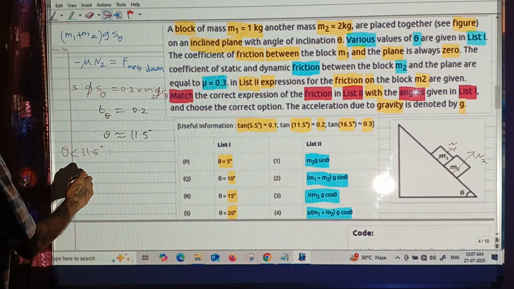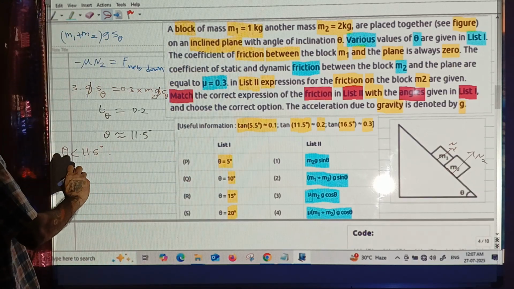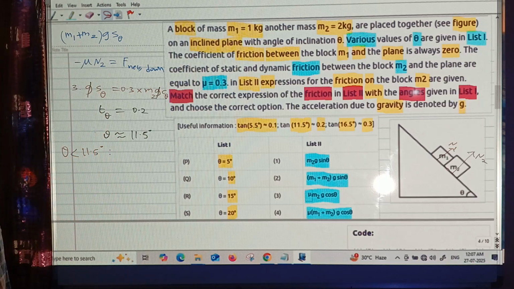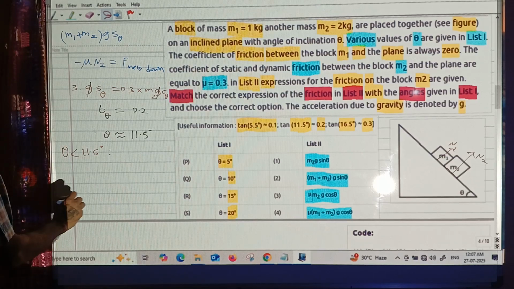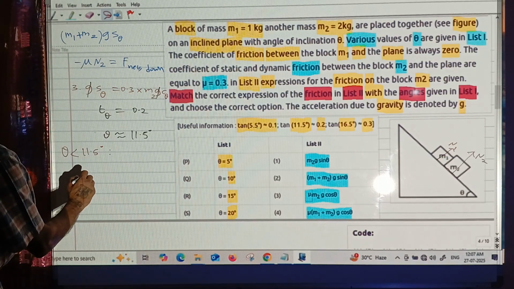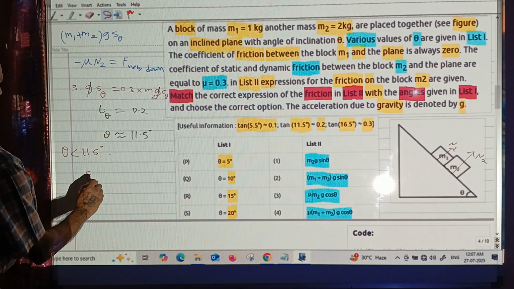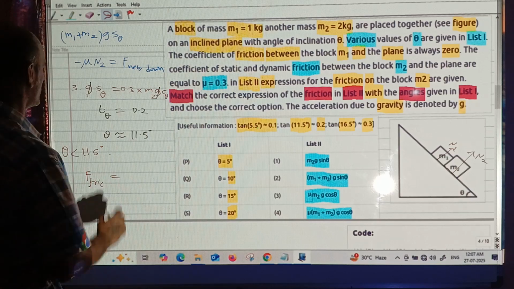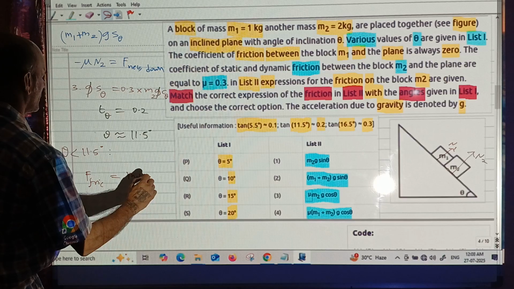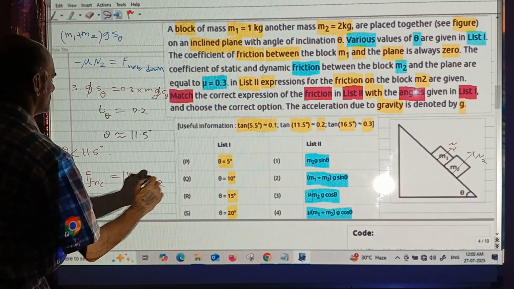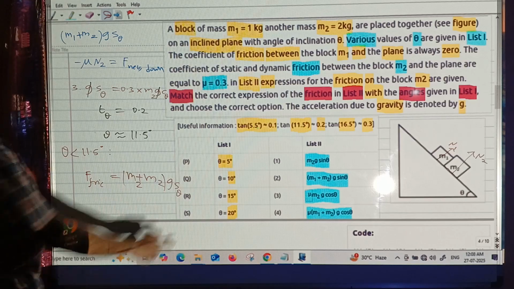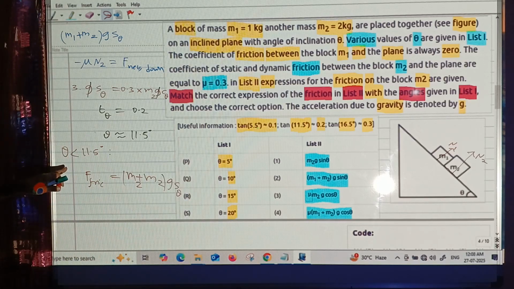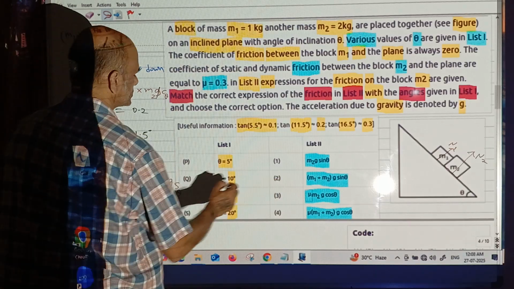The friction force will be equal to the weight component acting downwards, that is, (M1 plus M2) g sin theta. So for these first two items, where the angle is less than 11.5 degrees, the friction force balances the weight component. So both will match with option 2.